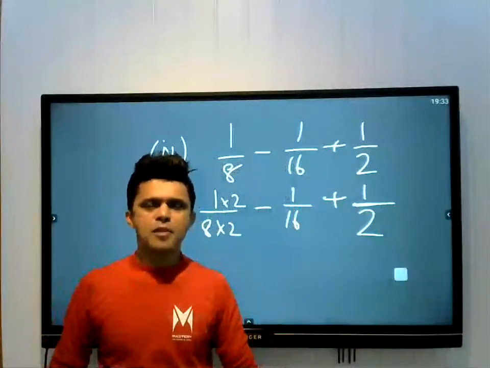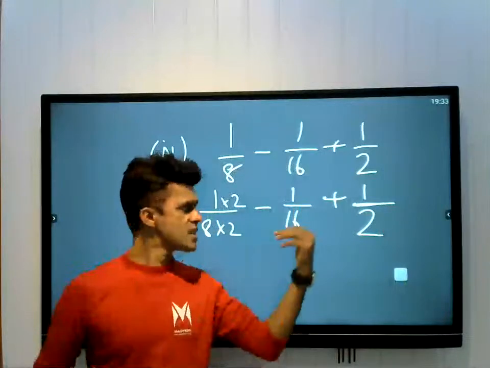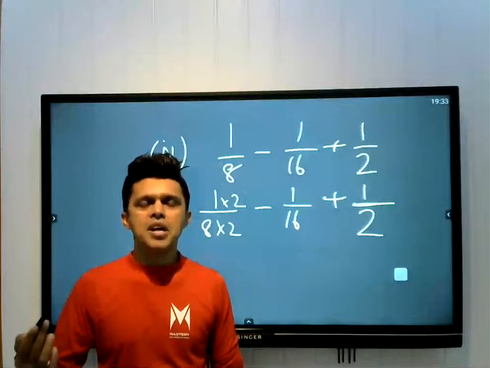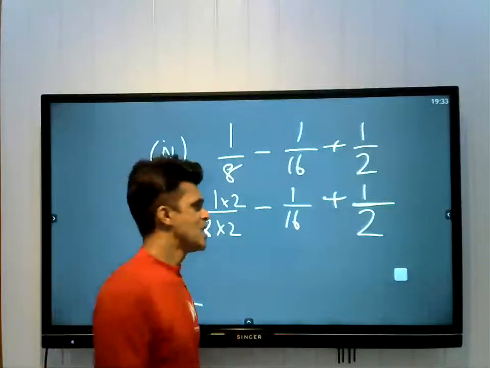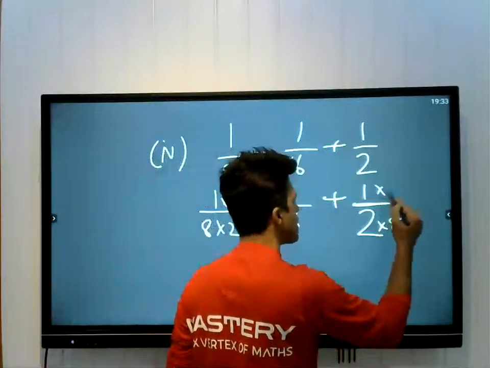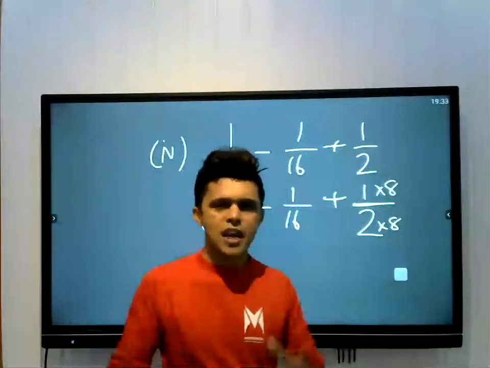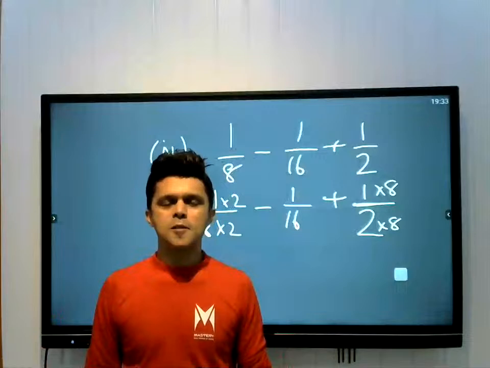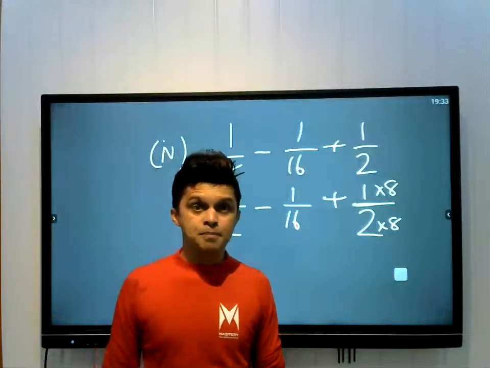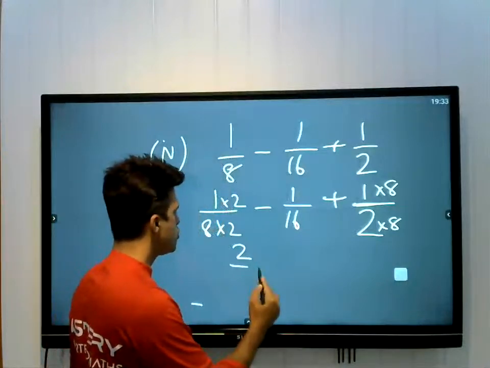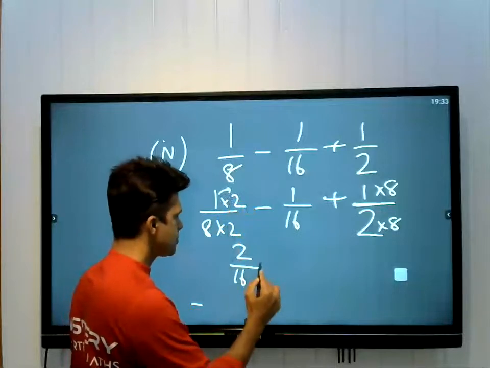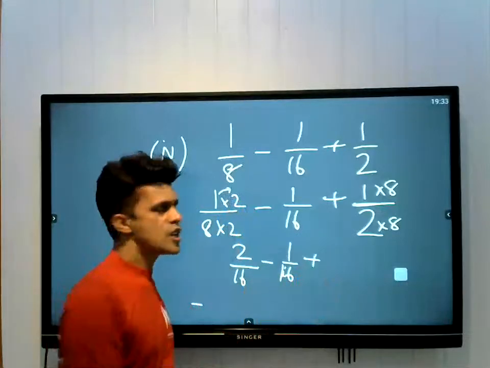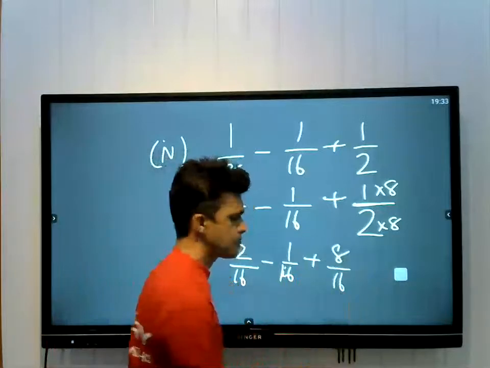How can you convert this half to 16? You think of 2 times 5 is 10, 2 times 6 is 12, 2 times 7 is 14, 2 times 8 is 16. So the denominator is multiplied by 8, and the numerator as well is multiplied by 8. So 1 into 2, 8 times 2 is 16, minus 1 over 16 plus 1 into 8, 8, 2 times 8 is 16.